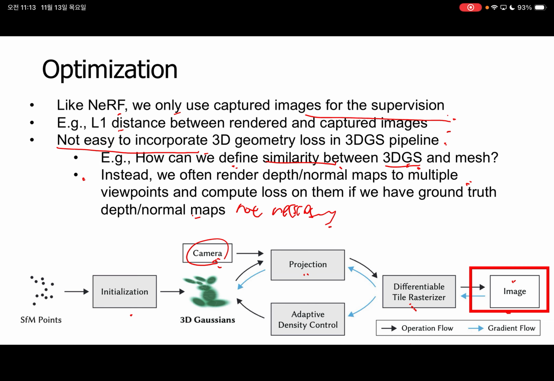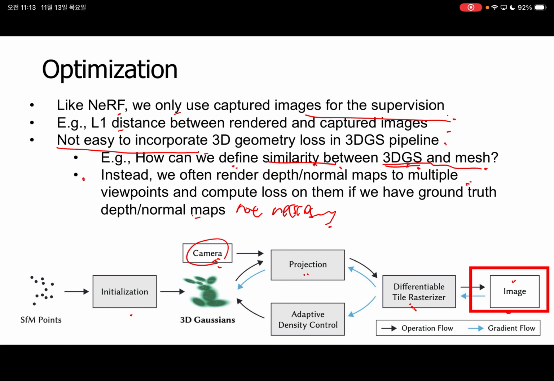But if we have 3D geometry ground truths, or some depth or normal map ground truths, then we can use such geometry supervision by rendering depth or normal maps from 3D Gaussian splatting. Because we cannot measure similarity between 3D Gaussian and mesh in a differentiable way, it is not very easy to incorporate 3D supervision. So instead, people incorporate multi-view 2D supervision to supervise 3D Gaussians with 3D geometry.